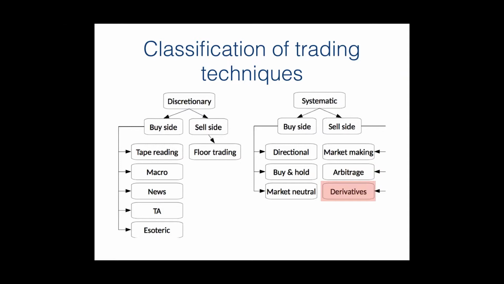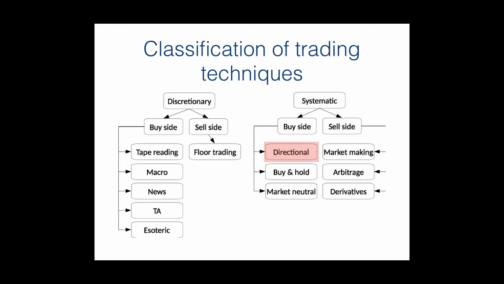And the third, vast and very popular class of sell-side systematic trading techniques is, of course, derivatives trading, which today uses the most advanced mathematics. This is the very domain where many scientists can really make a career in trading, although only working for an institution.